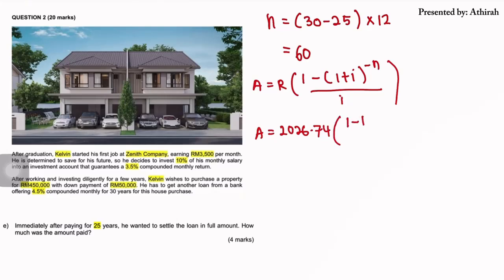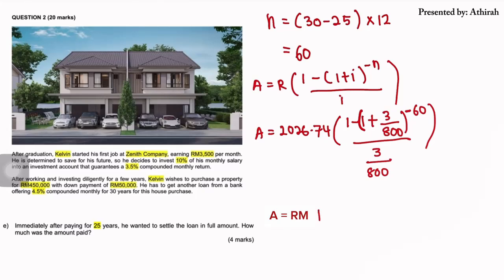So 1 minus 1, brackets plus 3 over 800, power of negative 60, over 3 over 800, close the brackets. And for the final answer, you're going to get A equals to 108,713 ringgit and 8 cents. So that's your final answer.